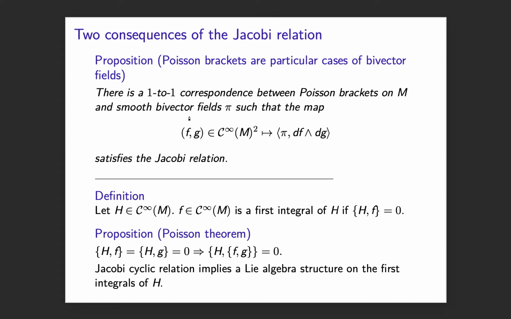There is a one-to-one correspondence between Poisson brackets on M and smooth bivector fields pi, such that the map (f, g) in C infinity of M squared, giving the pairing of pi with df and dg, satisfies the Jacobi relation.